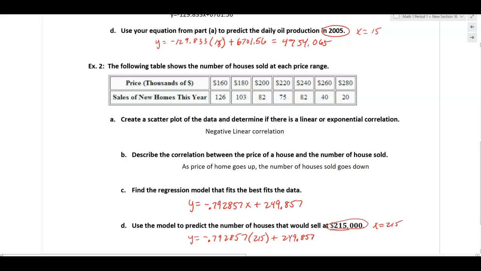I plug that in the calculator: negative 0.792857 times 215 plus 249.857 gives you 79.39 houses. So about 79 houses. And if I look, 215 would be right between there. Doesn't that seem like it'd be right around 79 houses? It would. Okay, so we can use this data to predict the number of houses sold.